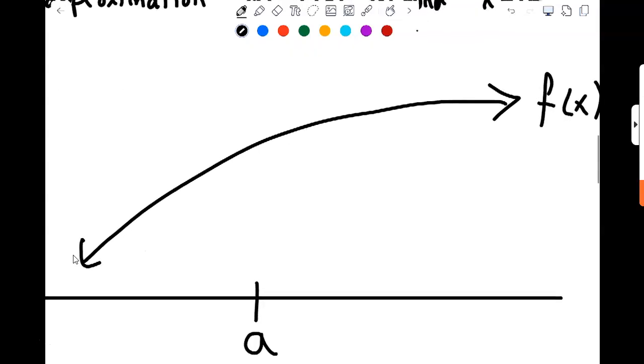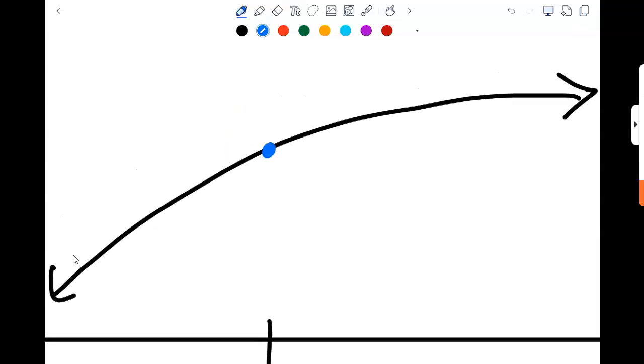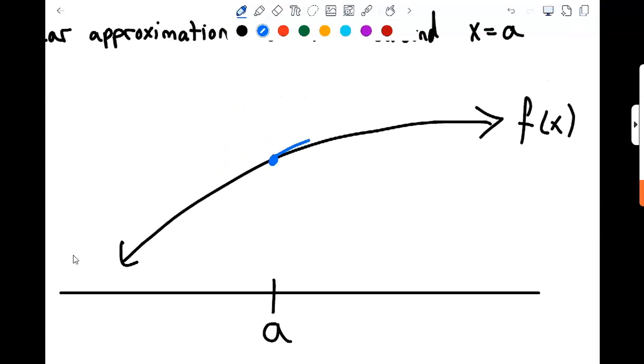then we can approximate that graph by looking at the point there and saying, hey, what's the tangent line? Right? What's the tangent line to the graph at that point? We would extend that in both directions.